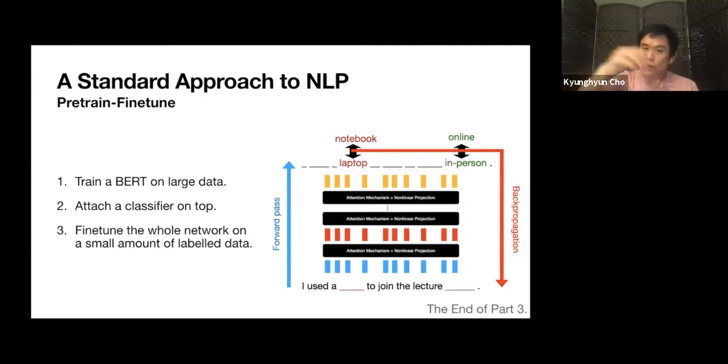As soon as we attach it, it has become one large neural network, so we can use the standard backpropagation algorithm and stochastic gradient descent to train the whole thing on a very small amount of labeled data. It turned out that because these contextualized word vectors capture all these important meanings, you don't really need too many manually labeled examples in order to build a very sophisticated natural language classifier.